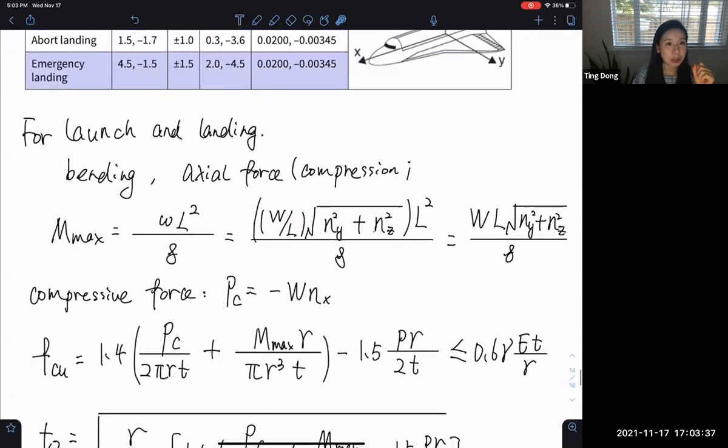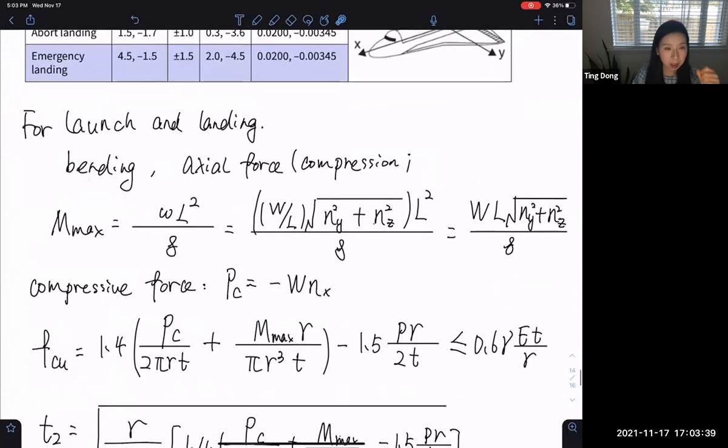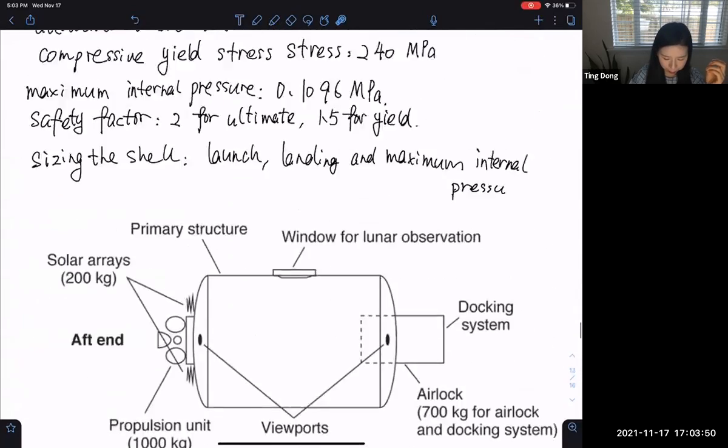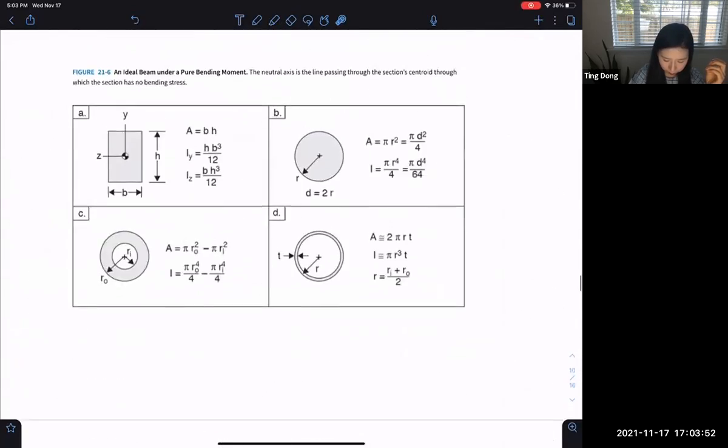The very basic equation you learned in mechanics of materials: MC over I, with M the maximum bending moment, C the radius, and I the moment of inertia of the thin wall pressure vessel, as I put it here. Basically we can ignore the thickness.